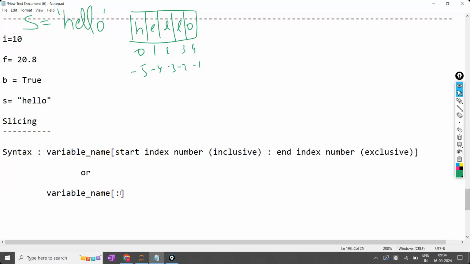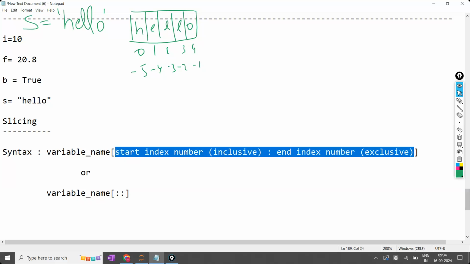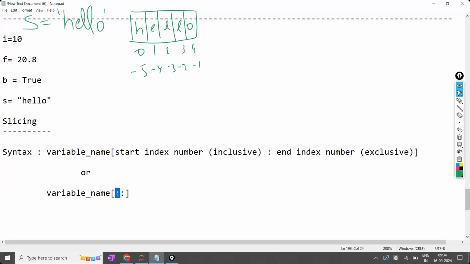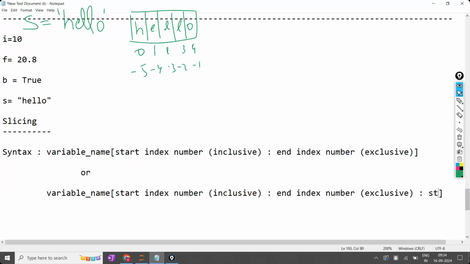Now, the second option we have is with two colons. For two colons, we use the starting index number to the ending index number, and after the second colon, again, we write the step. Once you write the syntax, I'll explain with examples.